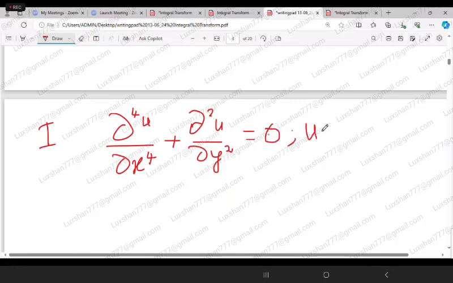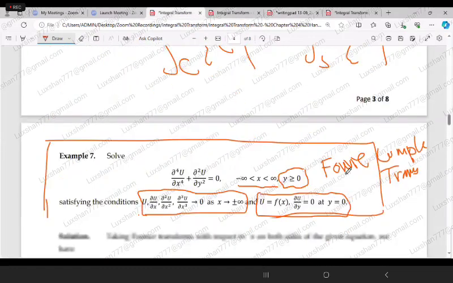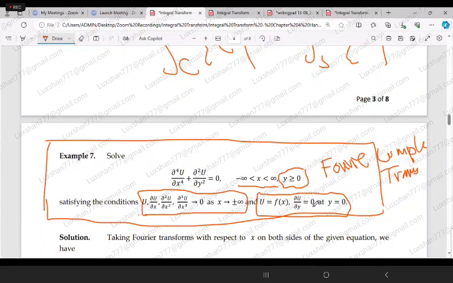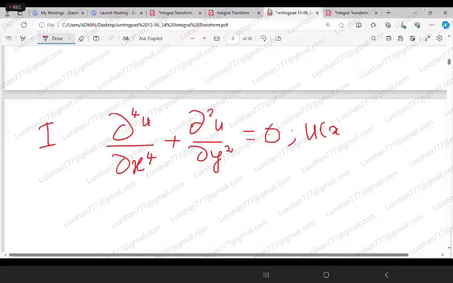We are given that u(x, 0) = f(x), that is, u = f(x) when y = 0, and ∂u/∂y = 0 when y = 0. This is what we are given.